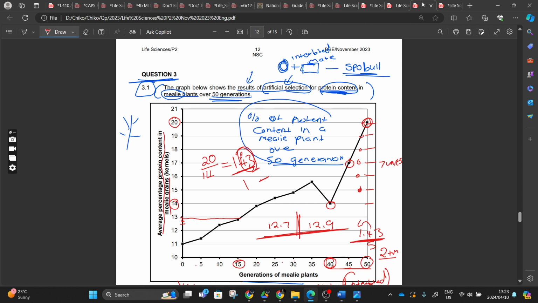Anyone who has a better understanding, guys, show this to your teachers, show this to everyone who can help us, so that we can be able to explain why we are saying 20 divided by 14 and then have times. Whereas if we say 20 minus 14, we are going to have 6 units in between. So it means that it increased 6 times.